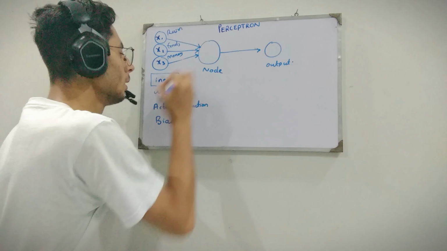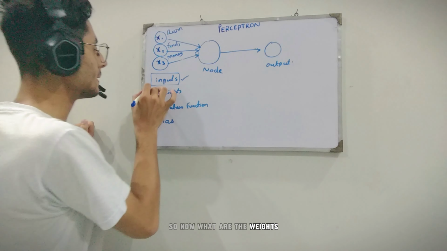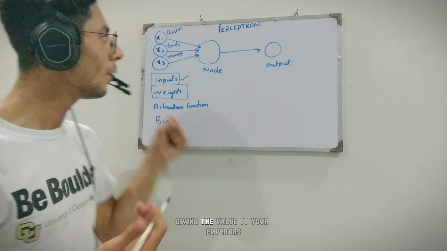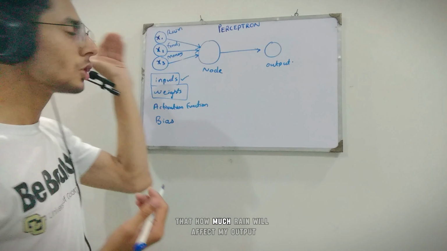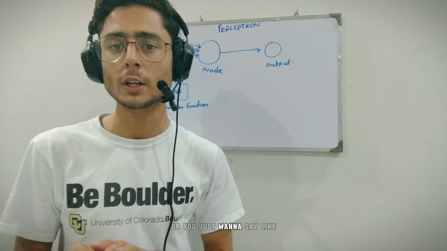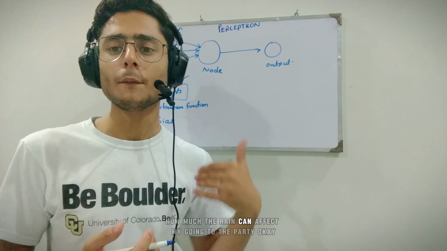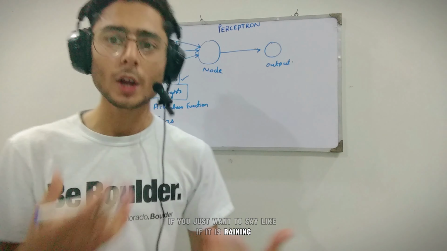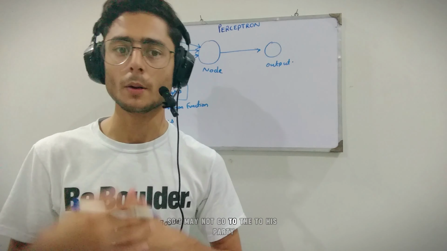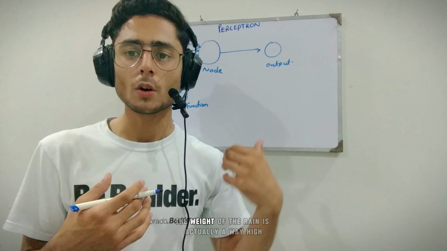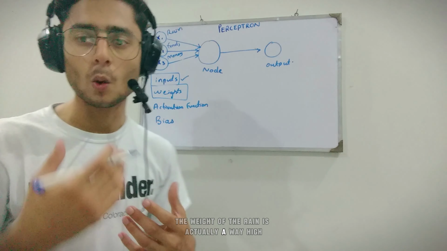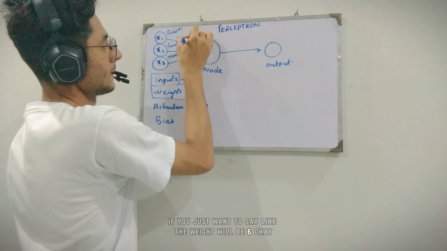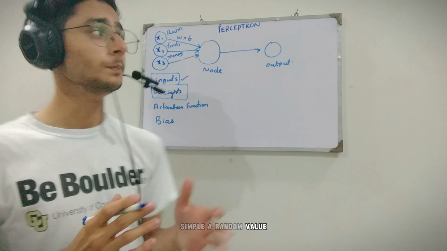Okay, so now what are the weights? The weights are just giving a value to your inputs, that is, how much the rain can affect my going to the party. If it is raining, I may not go to the party, so the weight of the rain is actually very high. For example, the weight will be 6, a random value.